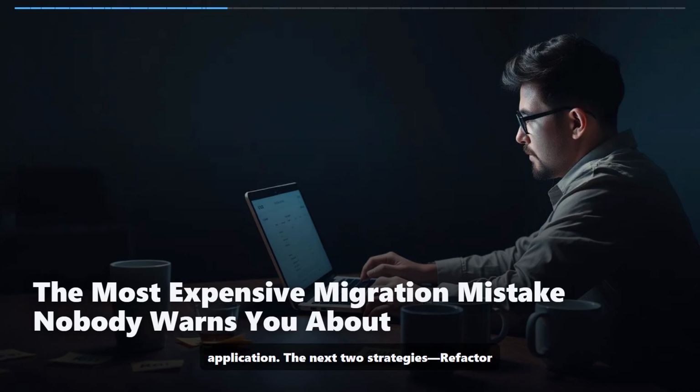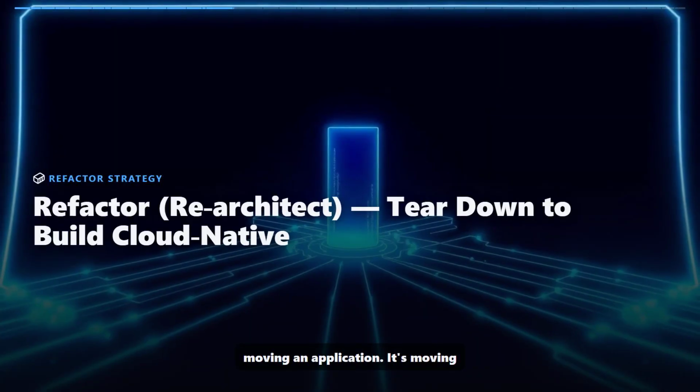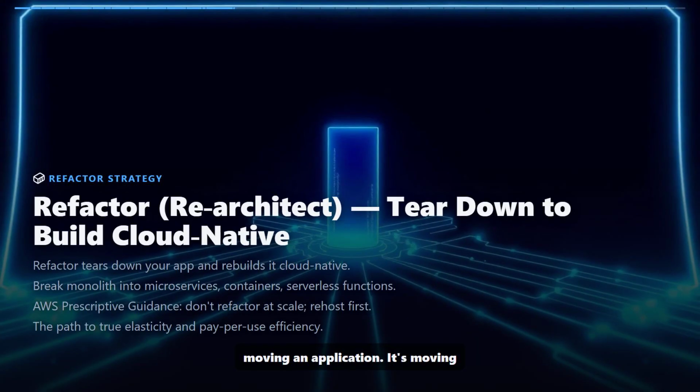The next two strategies, Refactor and Repurchase, show how experienced cloud architects think beyond simply moving servers and start optimizing for long-term business value. Sometimes the biggest mistake isn't moving an application, it's moving the wrong architecture. Imagine a retail website built 15 years ago as one massive monolithic application.